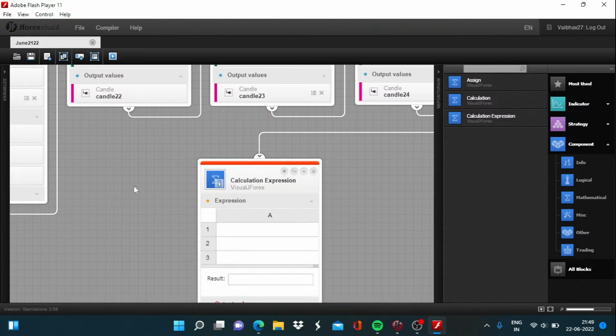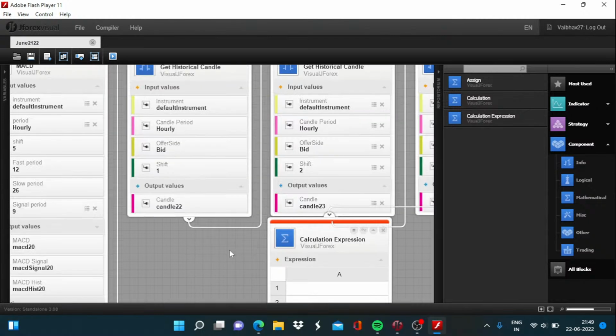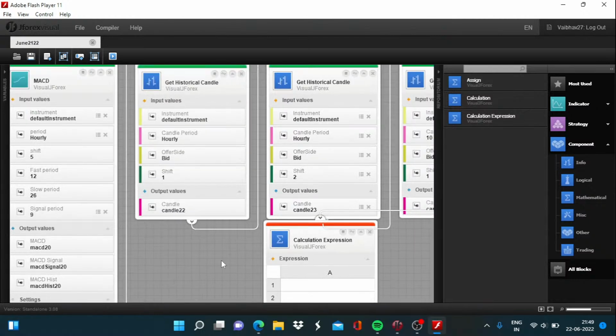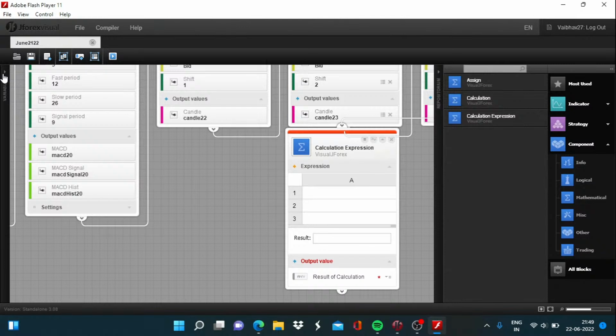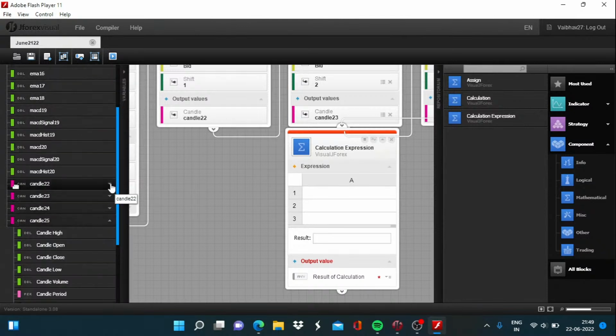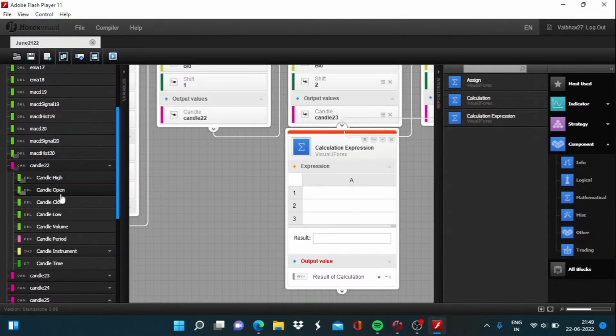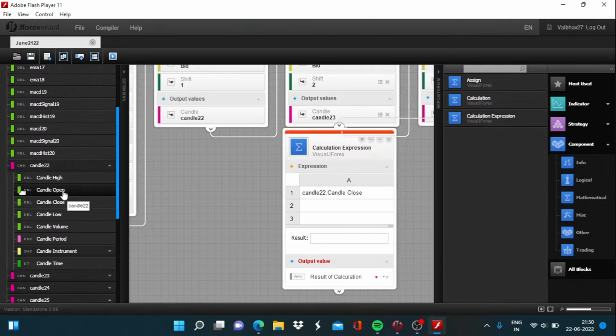So I am going to take candle 22nd, second candle close, and from it deduct the candle 22nd candle open price.